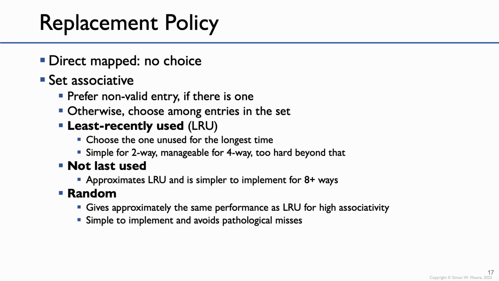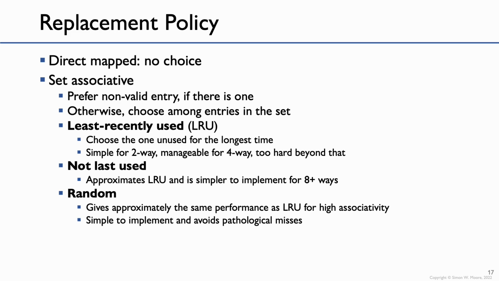Of course, in a direct mapped cache, there is no choice. We can only map data to one place in the cache, so if we miss at that line, then that cache line has to be replaced. In a set associative cache, and also in a fully associative cache, we have choices as to where we can put the data.